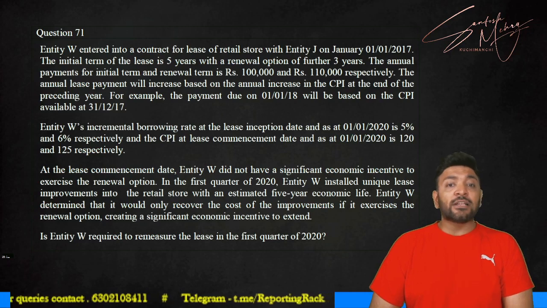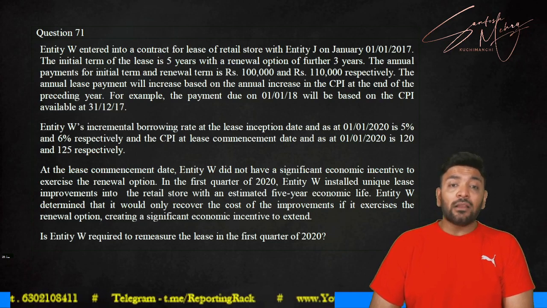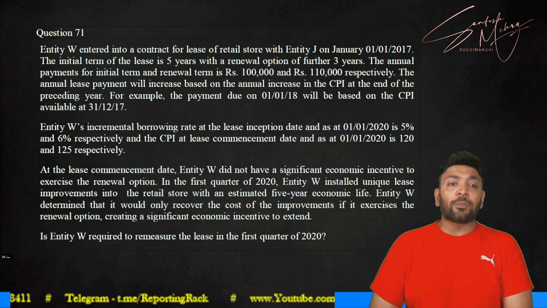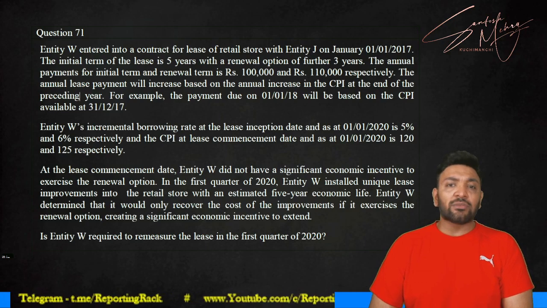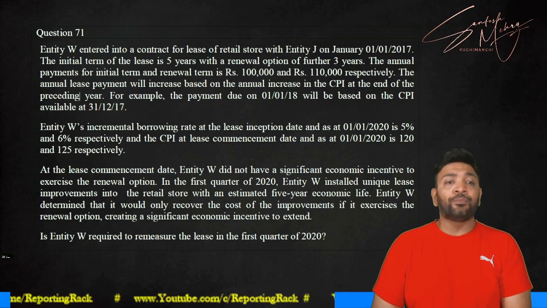The annual lease payments will increase by the consumer price index at the end of the preceding year. For example, the payment due on 1st January 2018 will be based on consumer price index available on 31st December 2017. We have solved a similar question, but I would like you people to at least put an effort to solve this question as well.